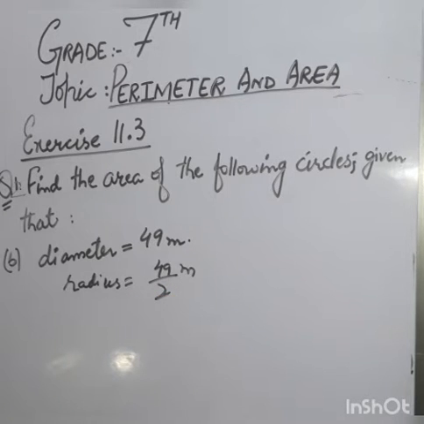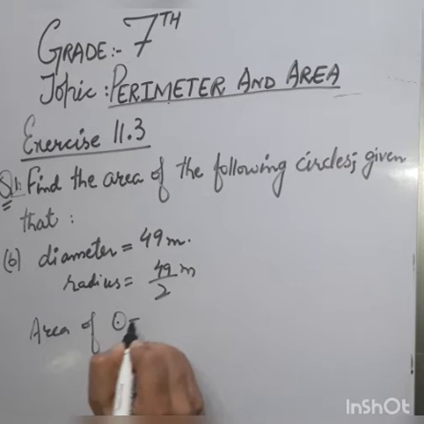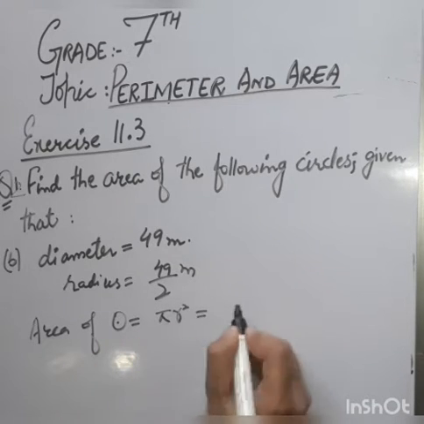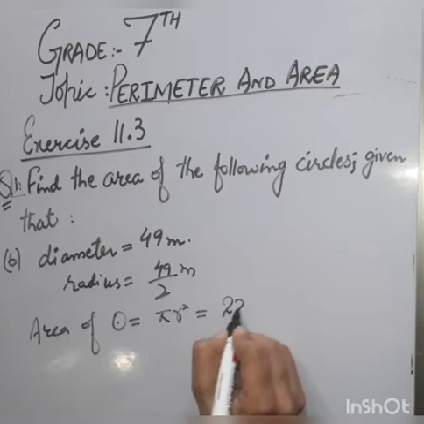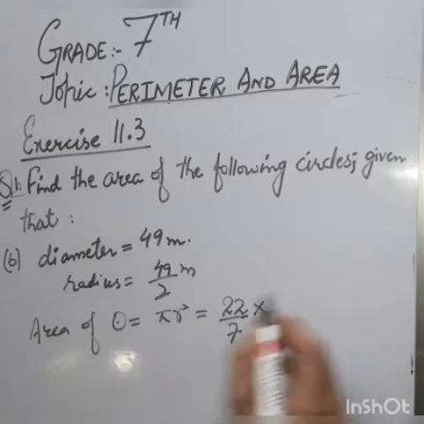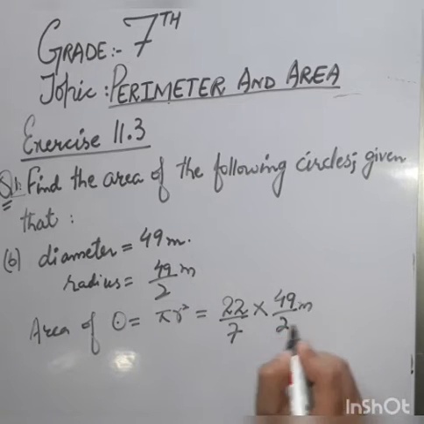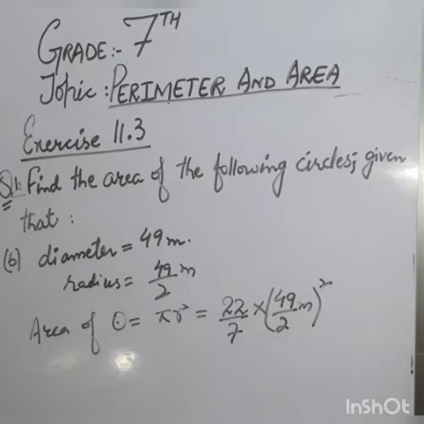Clear? Now the area of a circle, we know, is equal to pi r square. So we have to take pi as 22 by 7 as it's given in the question. Then r, that is the radius, is 49 by 2 meters and its square. Clear?